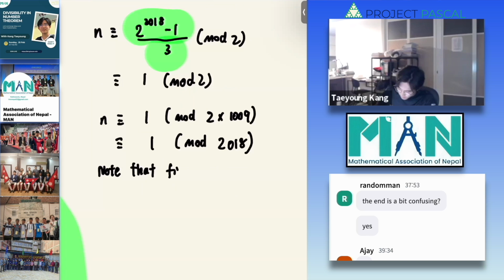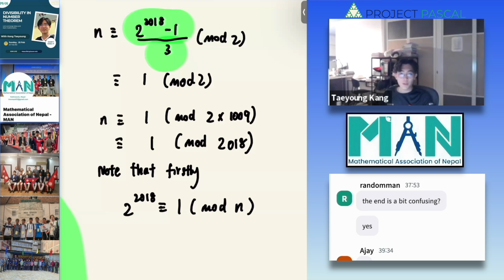Firstly, 2 to the power of 2018 is congruent to 1 mod n. Do you guys agree with this?